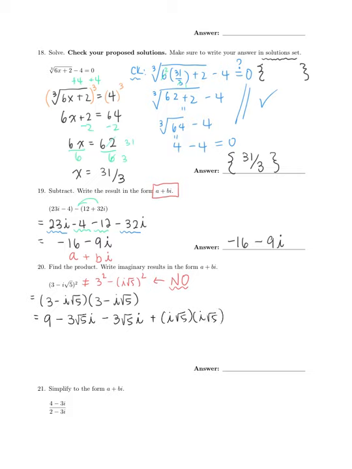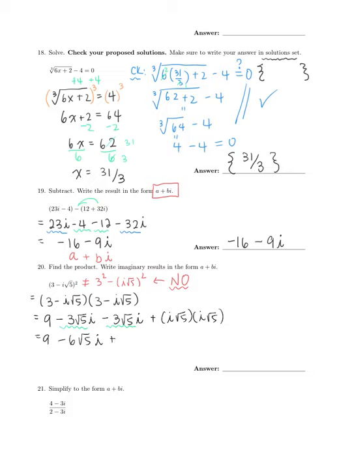Which is the same thing as, I'll just do that on the next step. Okay, so then this is the same thing as 9. And then I can combine these two, no? Minus 3 root 5 and then minus another 3 root 5. That's going to give us, what is that? Minus 6 root 5 times the i. Now let's take a look at this.